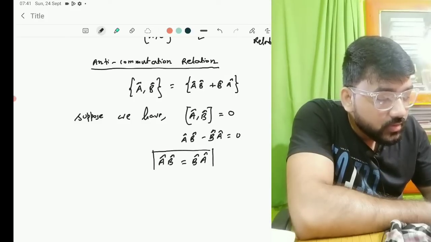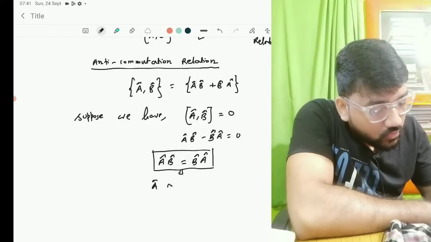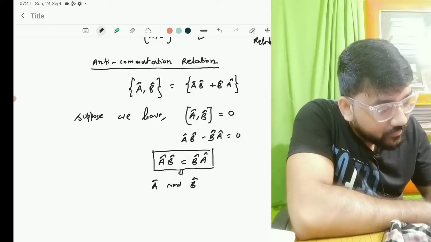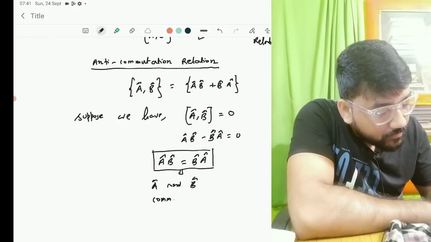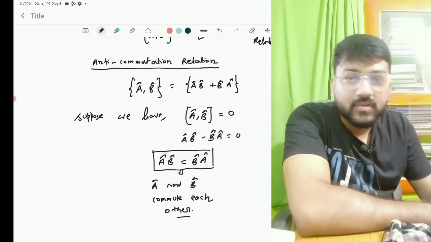If this relation holds, then we can say that a cap and b cap commute with each other. Okay. So this is a very important relation.